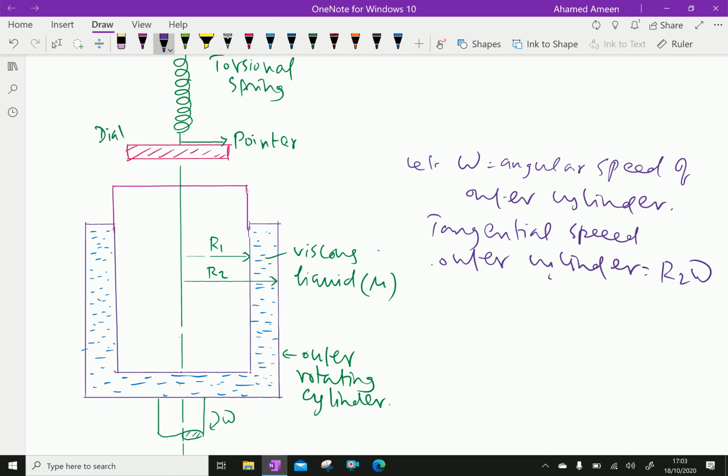The tangential velocity of the liquid layer in contact with the outer cylinder will be equal to the tangential velocity of the outer cylinder.